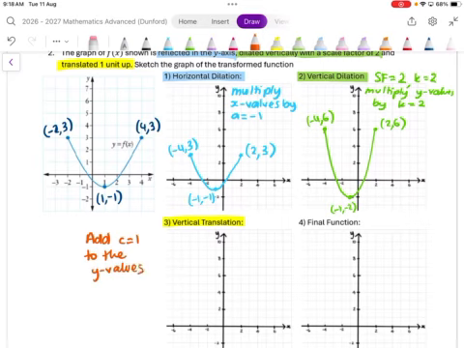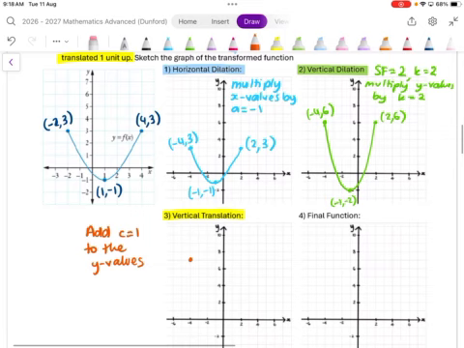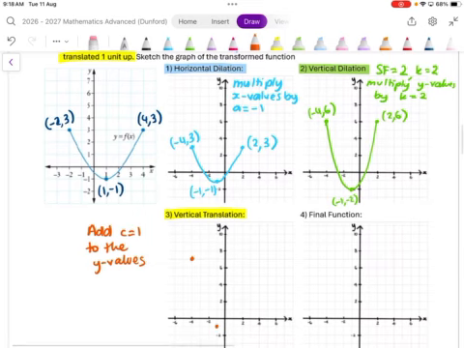So those y values that we just had in our vertical dilation, we're now going to add 1. So the point (-4, 6) becomes the point (-4, 7). We then have the point (-1, -2) becomes (-1, -1). And then our point (2, 6) becomes the point (2, 7).